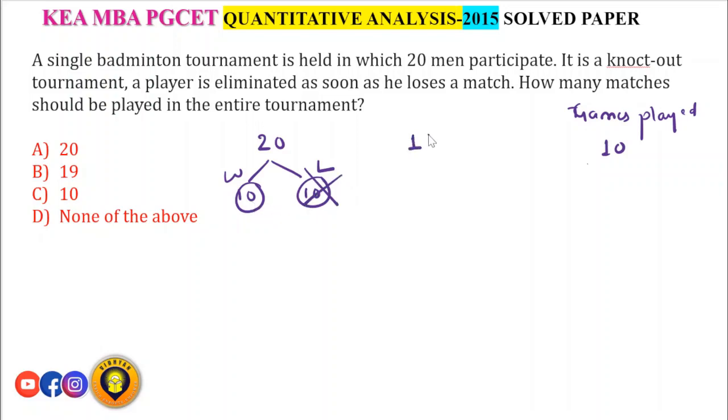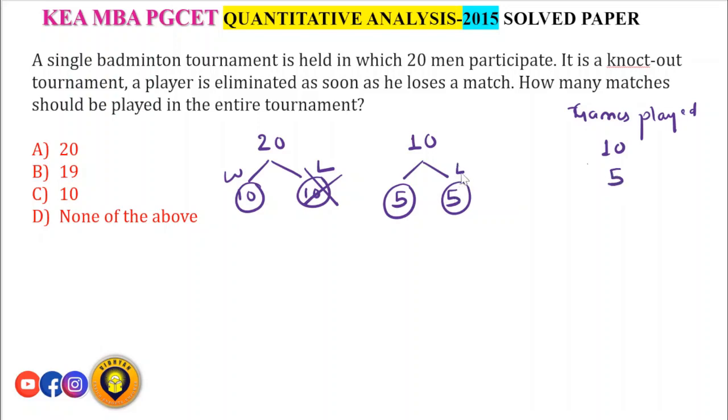Now the remaining men is how much? 10. So out of these 10 men, how many games will be played now? If one person plays against another person, 5 games will be played, right? 5 and 5, you have to divide equally. So 5 persons will play against these 5 persons. So games played is 5.